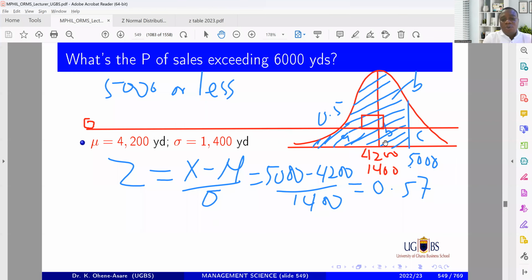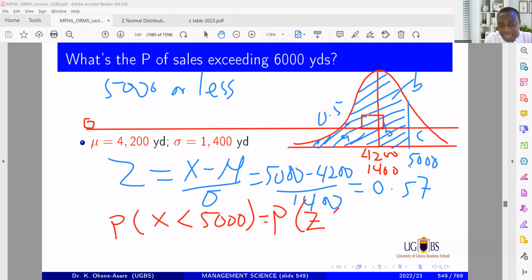So what this whole thing means is that now that you've gotten the B, you just have to add it to the 0.5. So you write this: the probability of X being less than 5,000 is the same as the probability of Z being less than 0.57.